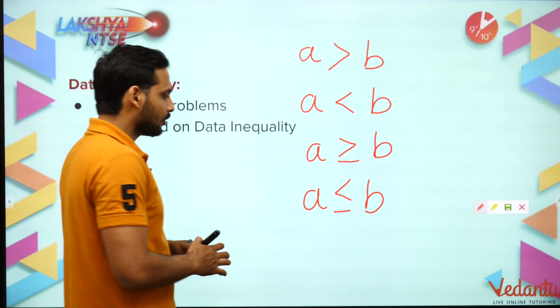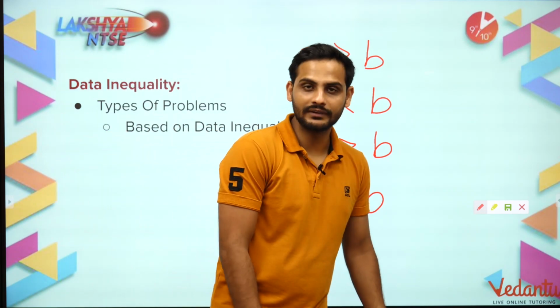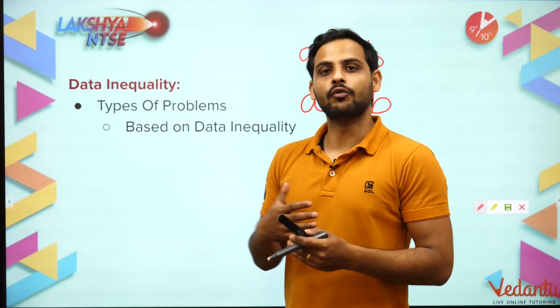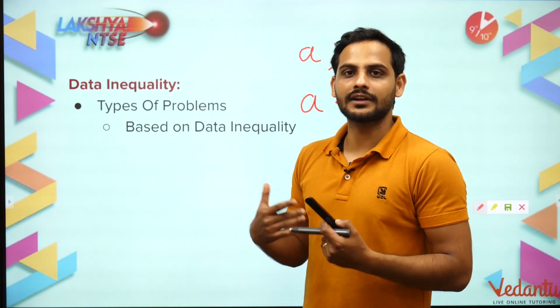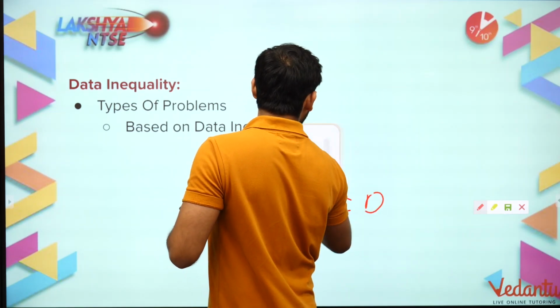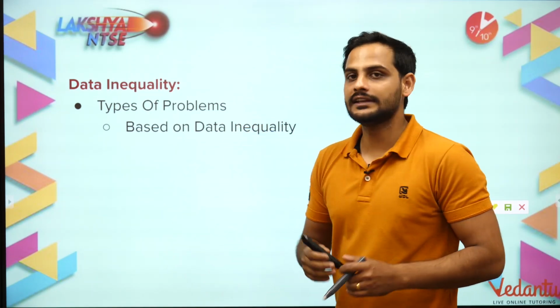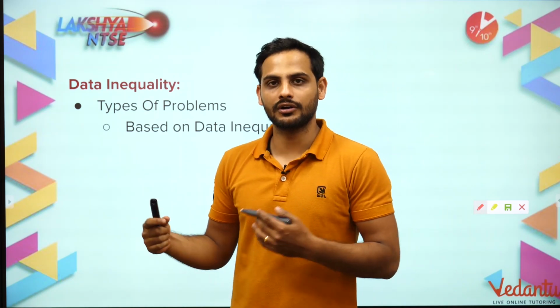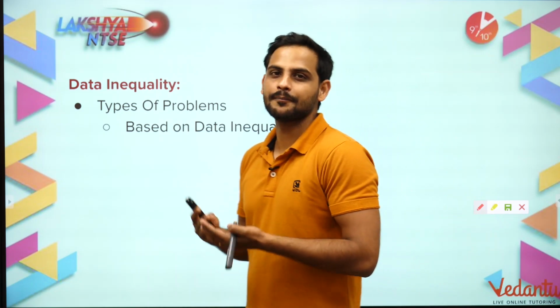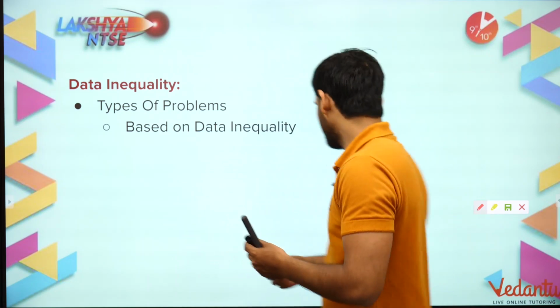Mostly your questions will not be about solving equations. You just have to figure out the order given the criteria. They will give you some information, and from that you have to deduce the order of the given quantities: which one is the largest and which is the smallest.